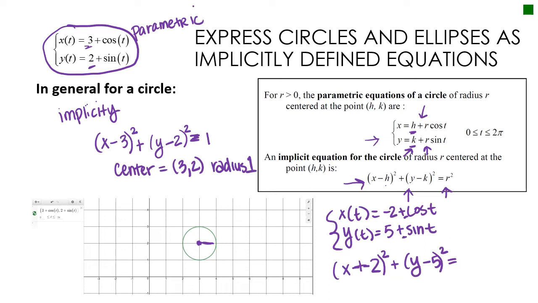So the r, the value that's in front of both the sine and cosine, is 1. So r squared is just 1. So that would be a circle centered at -2, 5 with a radius of 1.